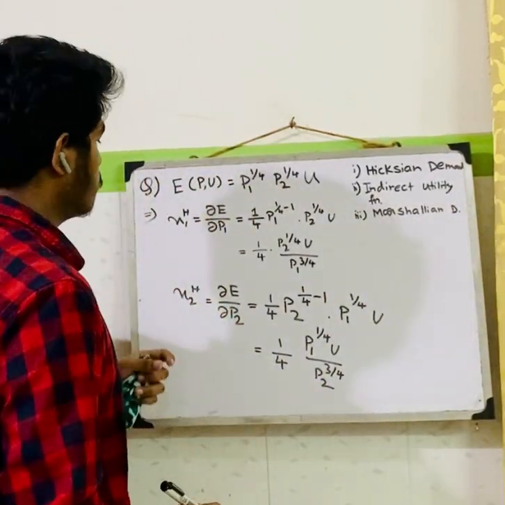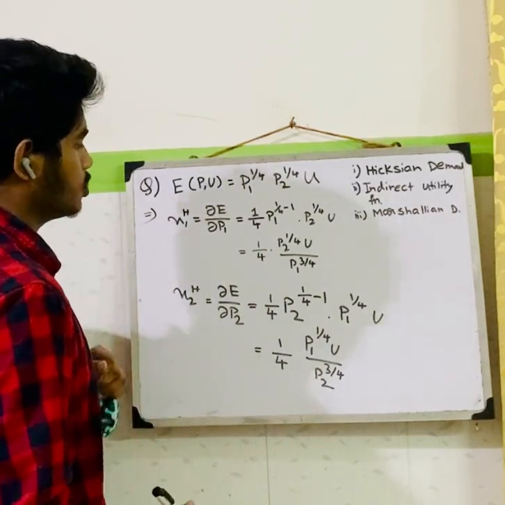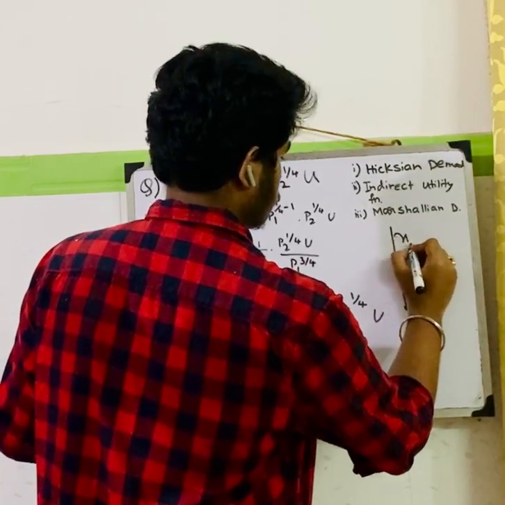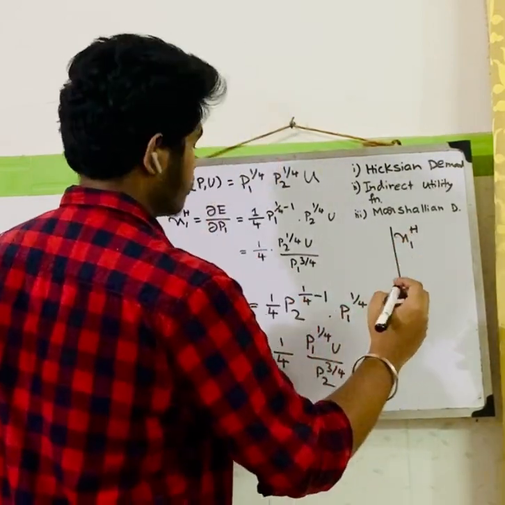So this comes our Hicksian demand for x1 and x2. We will just write these values so that we can use this later.